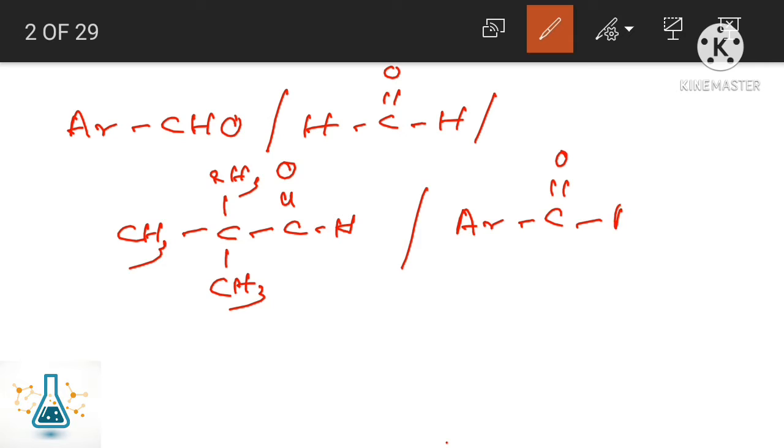This type of molecule will not show aldol reactions.